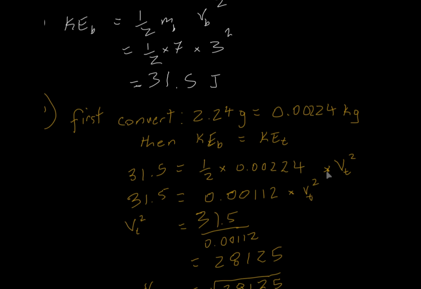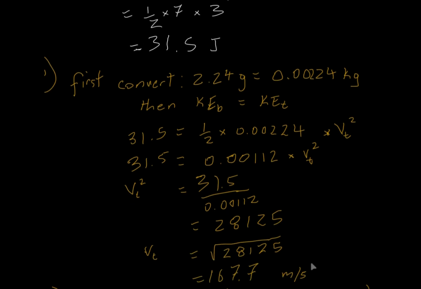To find V T squared, we divide the 31.5 by the 0.00112, and that gives you 28,125. To find V of T, we take the square root of 28,125, and that gives us 167.7, and that is in meters per second, the velocity of the table tennis ball.